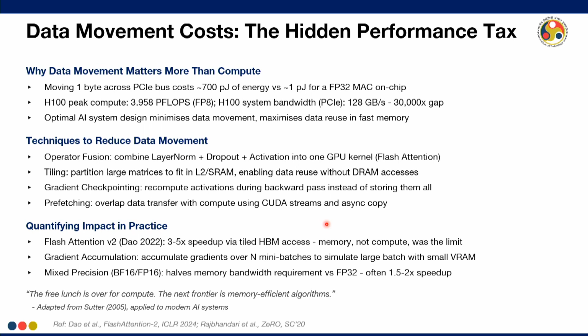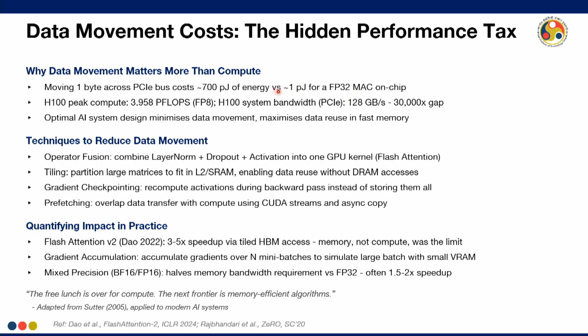Okay, so here are a few things that we need to keep in mind. Data movement matters. Moving 1 byte across the PCI Express bus costs around 700 picojoules of energy, and if you use that in compute, a floating point 32 MAC operation on chip will cost you around 1 picojoule.